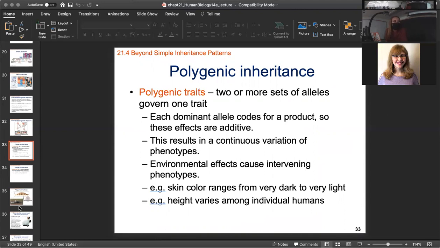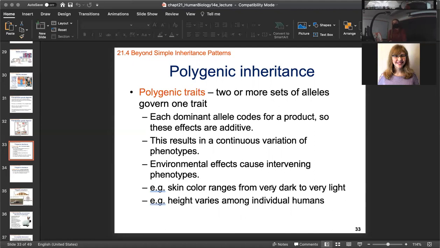For example, this is like height or skin color, where having more of something results in a different trait. Polygenic, poly meaning many, okay? These result in a continuous variation of phenotypes, and we'll show a cool graph here in a couple of slides. The environmental effects can also intervene with the phenotypes.